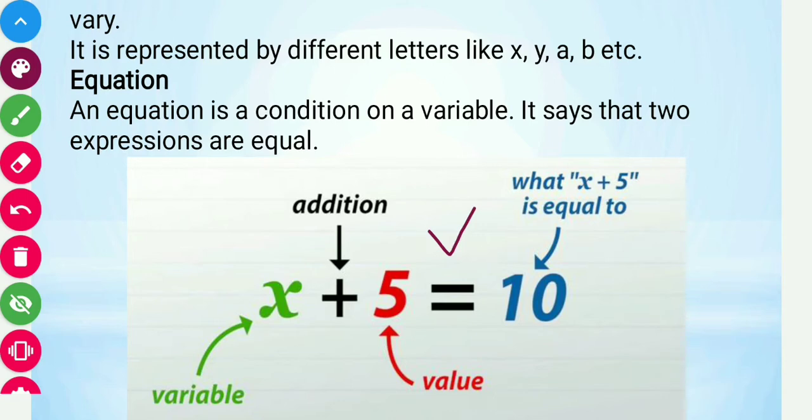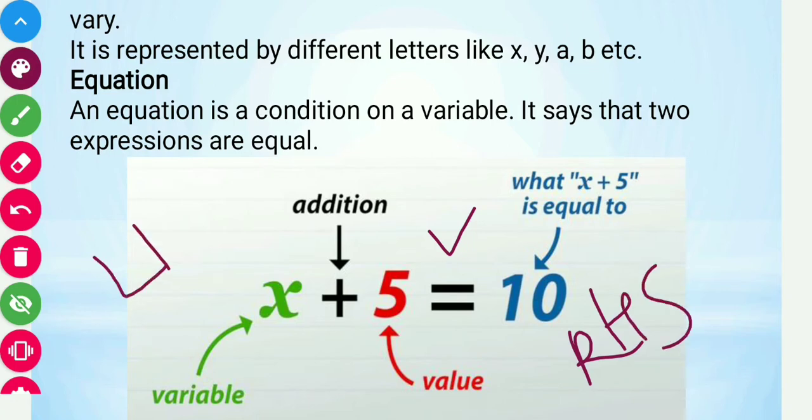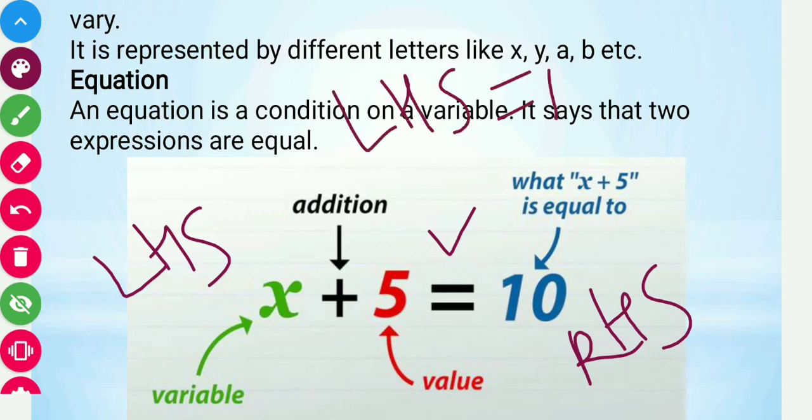It has two parts, a left hand side, LHS, and a right hand side, RHS, and these two parts are equal. The general pattern is LHS is equal to RHS.